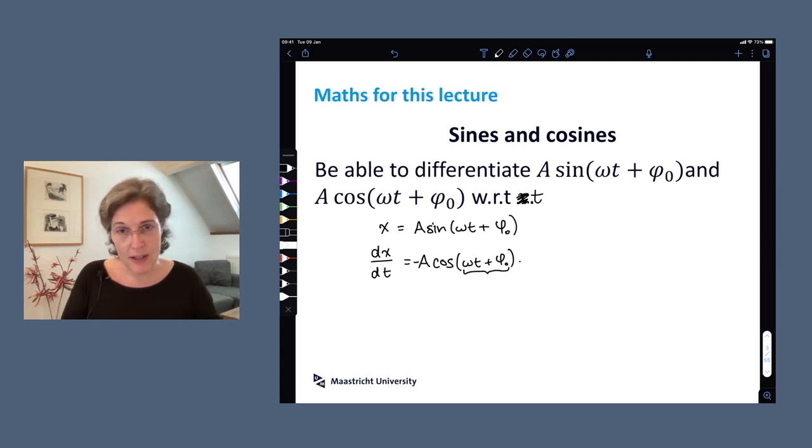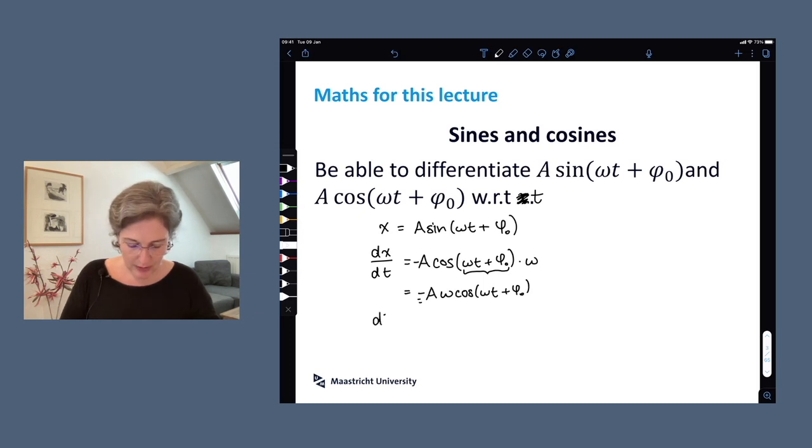Now remember, t is our variable, omega and phi 0 are both constants, so that derivative is just omega. So just rewriting slightly, we get that the derivative is a omega cos(omega t plus phi 0) with a negative sign. So make sure you're happy doing that.